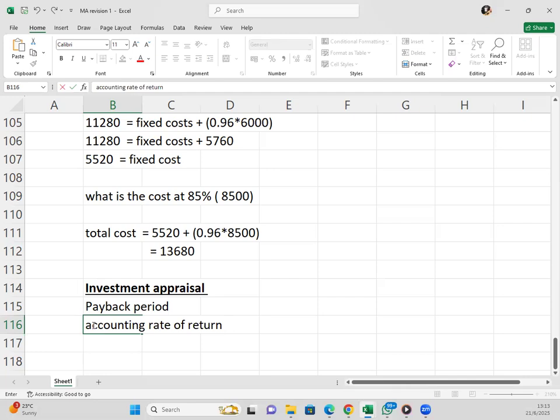It tends to look at, if we invest in this project, what is the overall return? What is the overall profit we are going to get, considering all the years the investment is going to stay in the business? How much profit is it going to give us? So it looks at all the profits expected from the project.